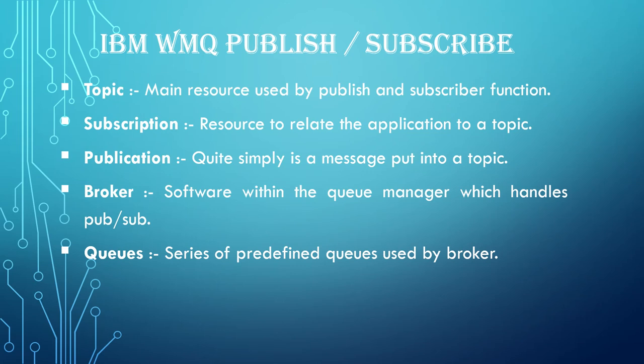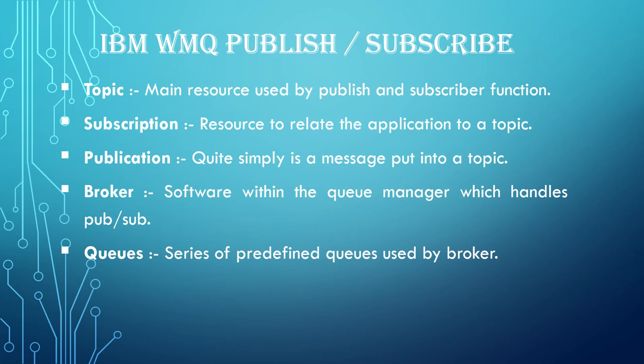So you can give any flow name here, like dollar sign, then SYS slash broker slash integration node slash integration server slash flow name, or instead of the flow name you can give a hash sign. This is the topic creation string.